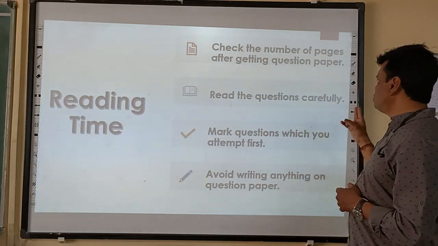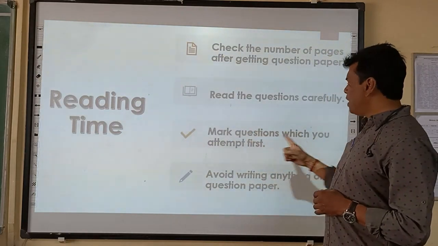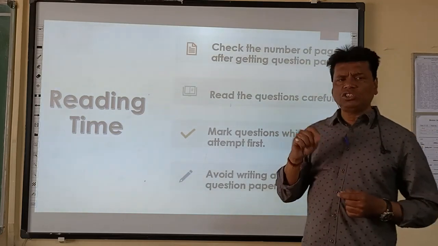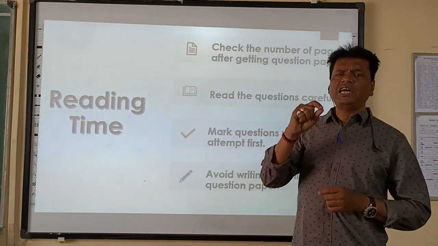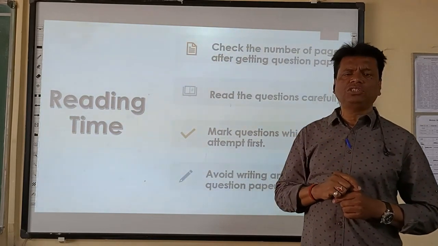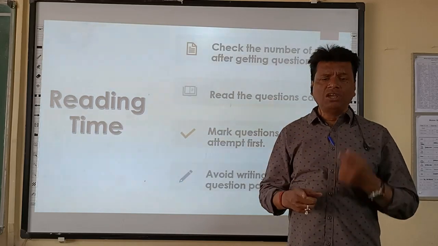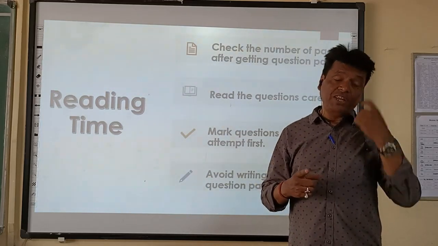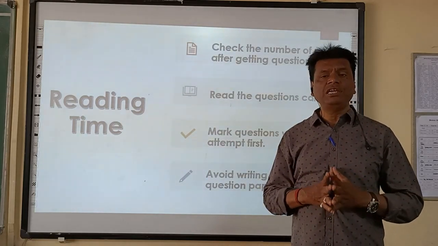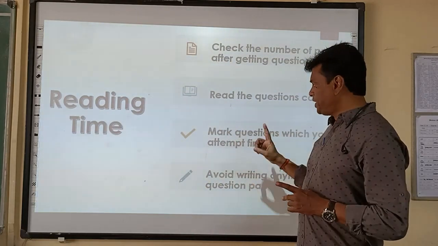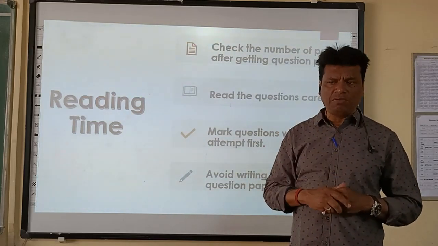And then read the question paper carefully, right? Why carefully? Because when you read the question paper, you will have a pencil with you. With that pencil, you are going to tick the questions. If you feel a question is very comfortable, you can solve it easily, and it is familiar, you tick mark against that question, which you are going to solve, right?